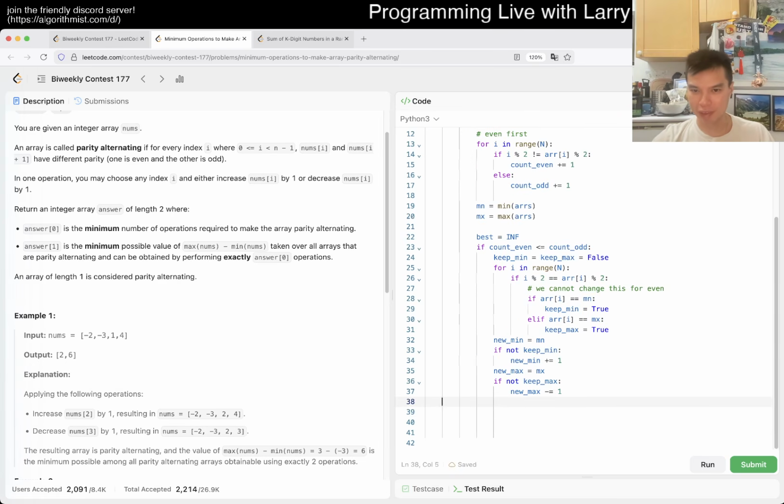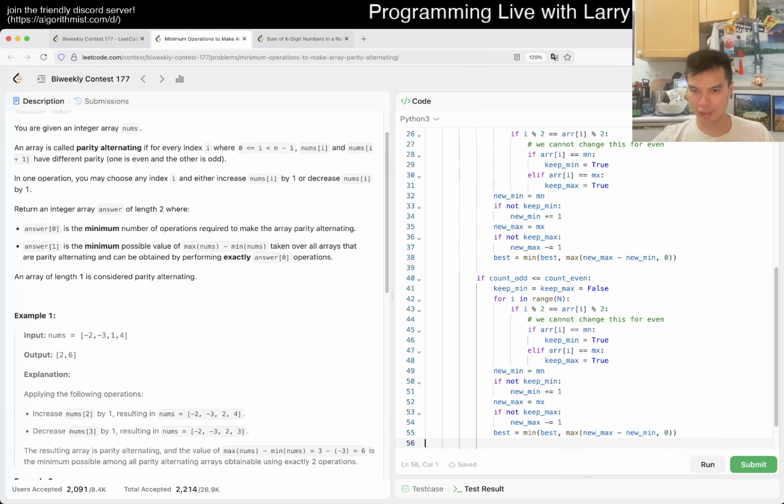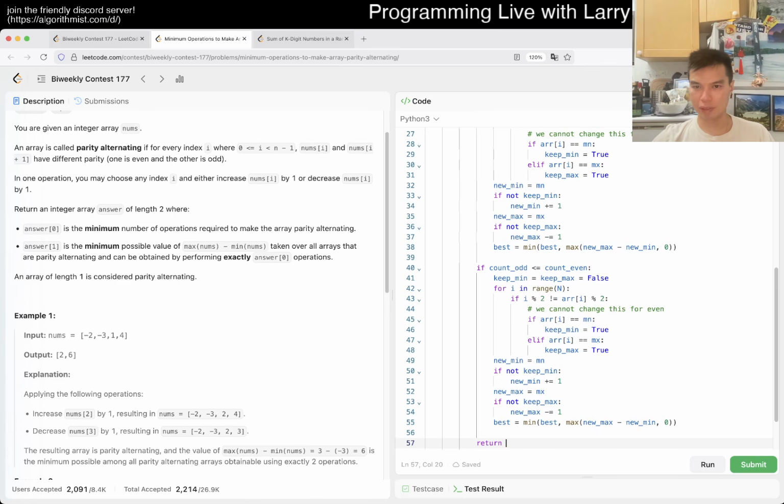Maybe I just can't think about it right now. Right, and then now we do the other thing. This is the part we should have abstracted, because it's very easy to make a mistake. But I think all I have to do is change this, but I could be wrong. Okay, so then now we return min of count odd, count even, and then best.